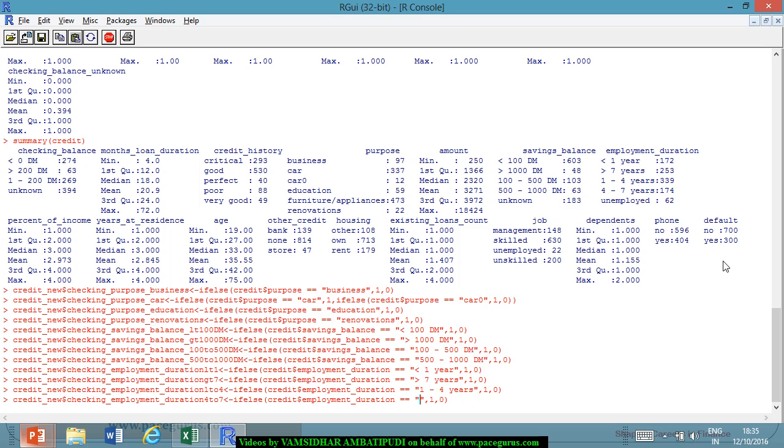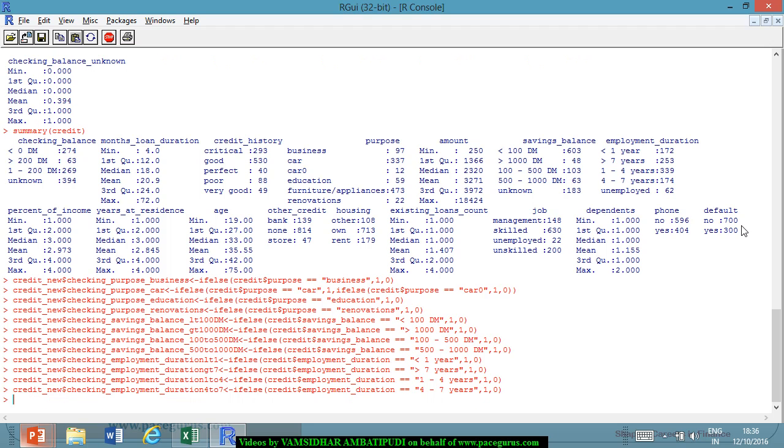So you have to do this exercise for all the categorical variables if you are looking at much better results out of your process. So I don't need percentage income, I don't need years at residence, I don't need age. I have to look at other credit, right? One more variable that I have to look at, which is the other credit.